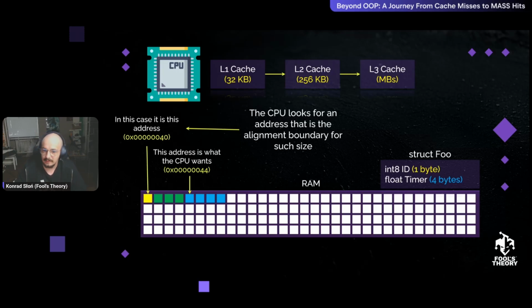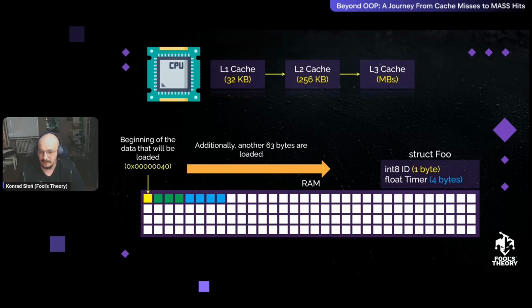So even though we want the address 44, for example, a pointer with address 44, we will start with address 0 and load the whole chunk, the whole 64 bytes of memory.